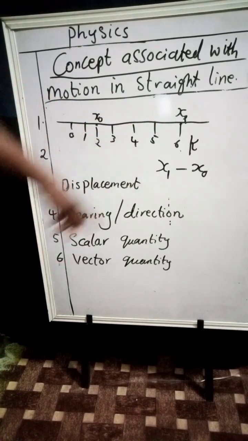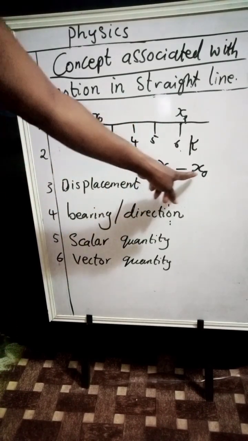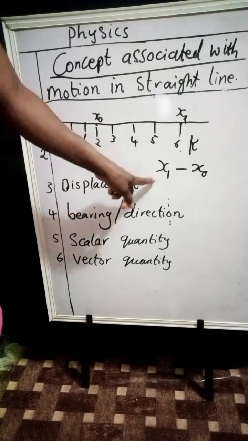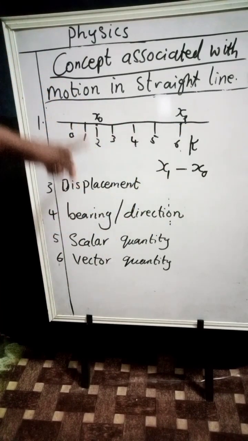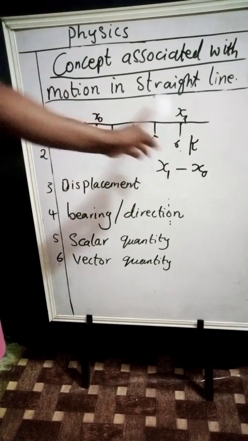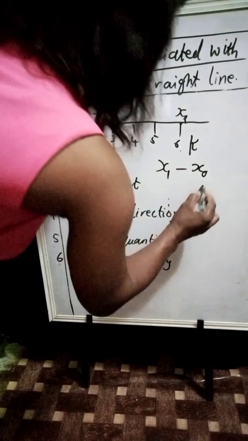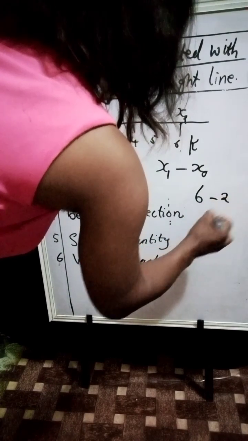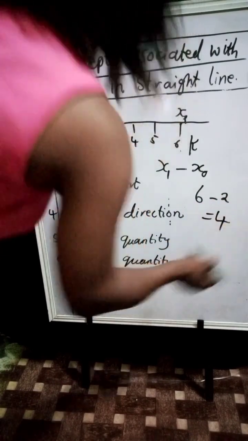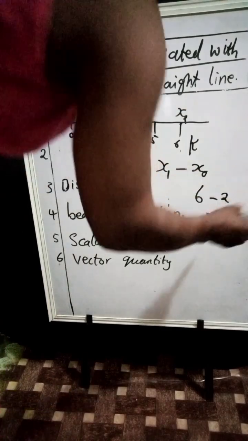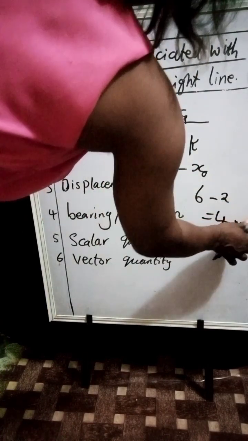Displacement is determined by the formula x1 minus x0, where x1 is the final position and x0 is the initial position. So the displacement here is 6 minus 2, and that will give us 4. Depending on the units, if it's meters, then you write 4 meters.